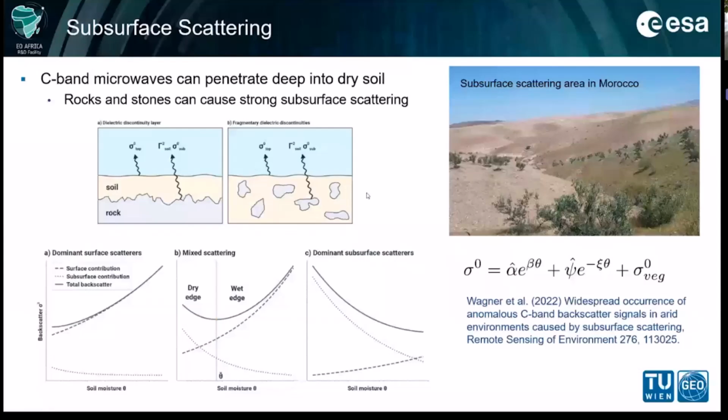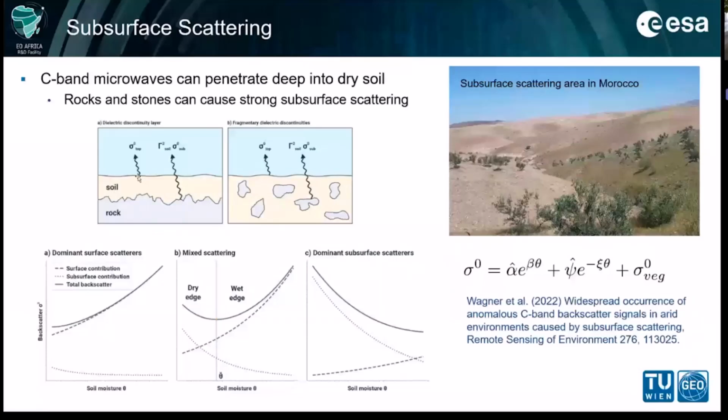Now, this high penetration into soil can also be a disadvantage. Let us look here at the left case. Imagine that you have rock below a layer of soil. If you think of a desert area, there could be a layer of sand.